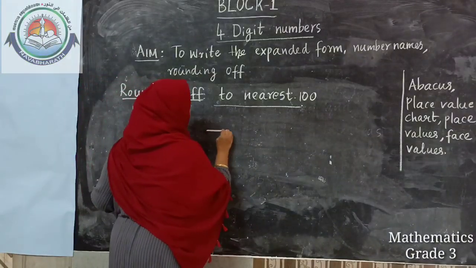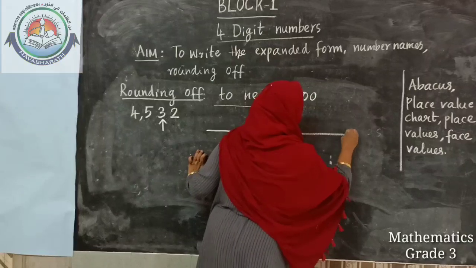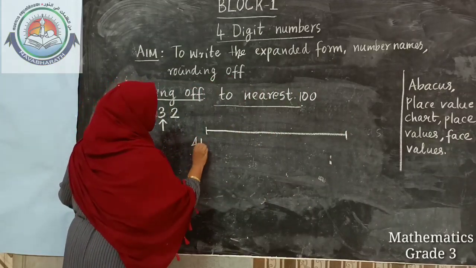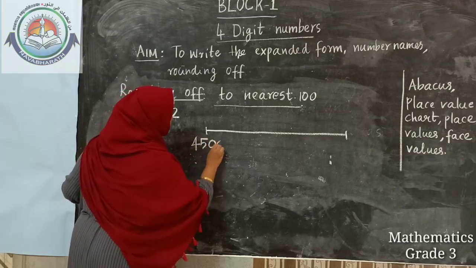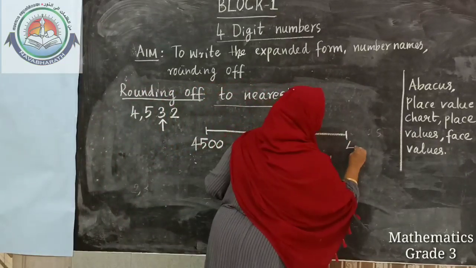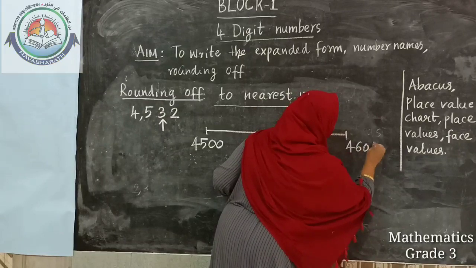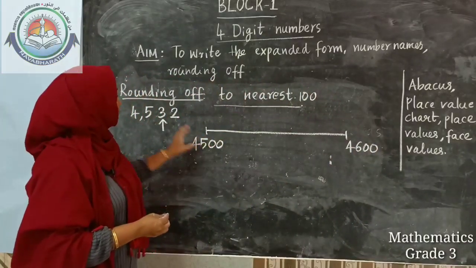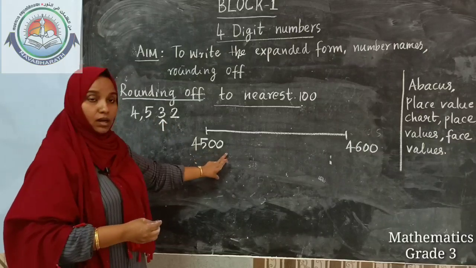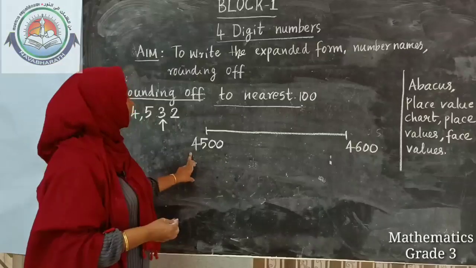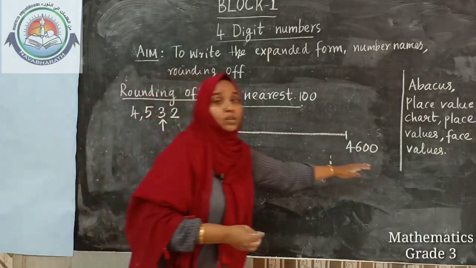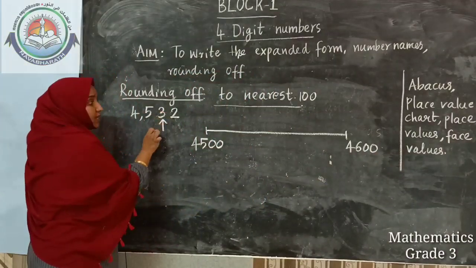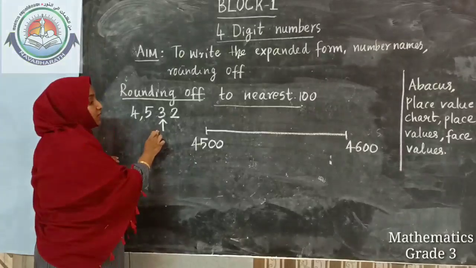First, we should draw a number line, and this number lies between which two hundreds? After rounding off to nearest 100, this number ends in 2 zeros. It may be either 4500 or 4600. For this, we should check the number at the tens place.